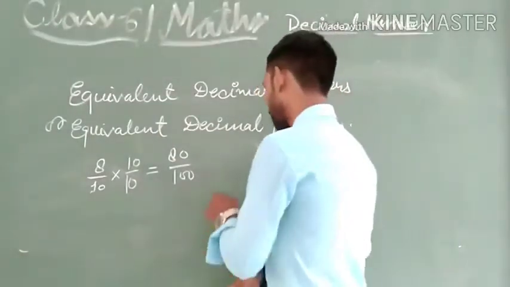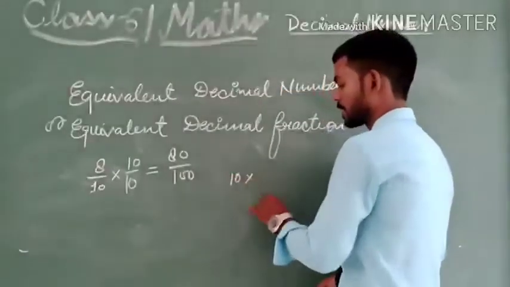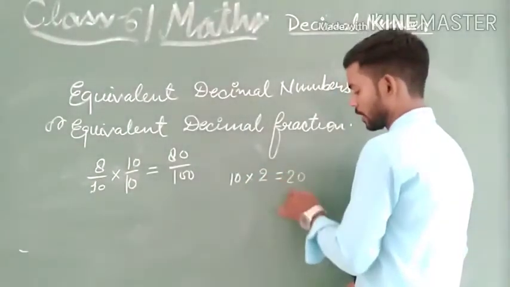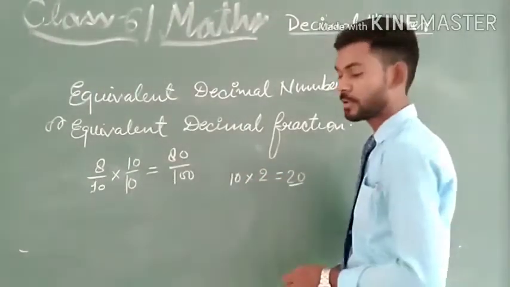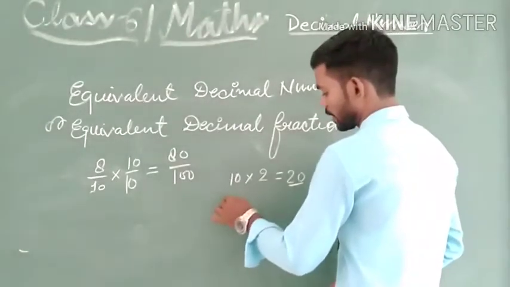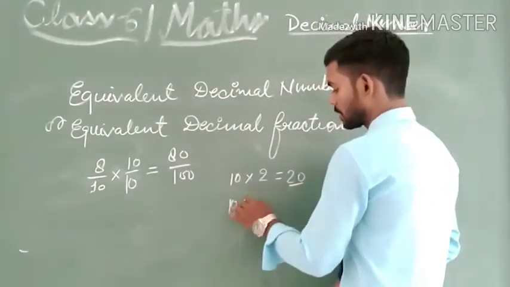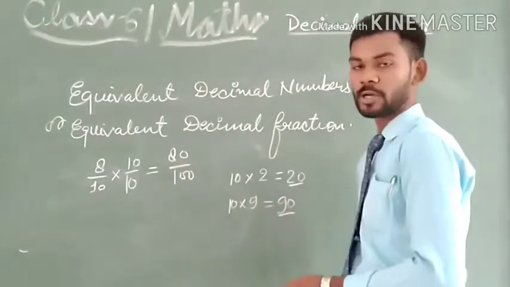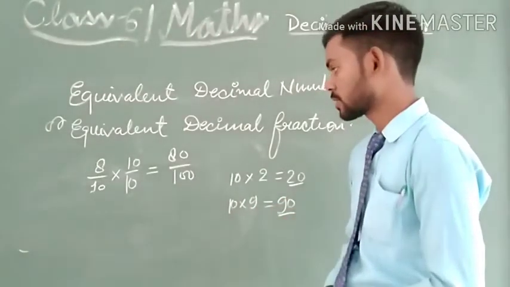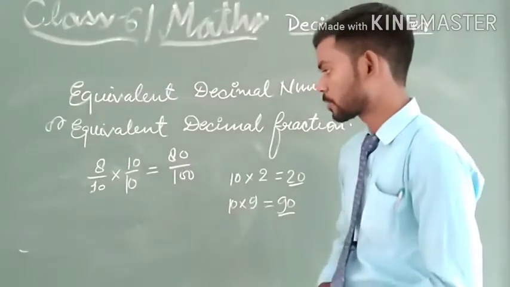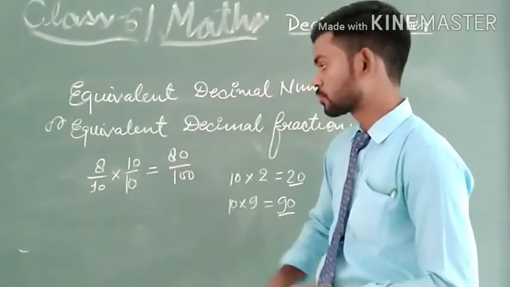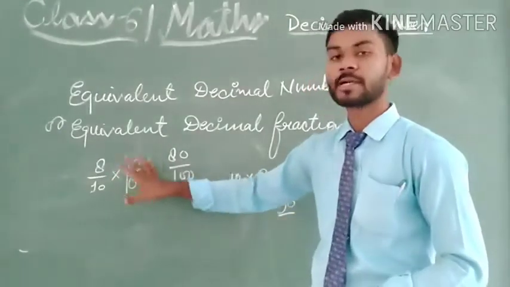Suppose I write 10 and multiply it by 2; we get 20, and 20 is also a multiple of 10. Similarly, 10 multiplied by 9 gives 90, and 90 is also a multiple of 10. So there is no confusion: we are not forced to multiply the fraction by 10 only.